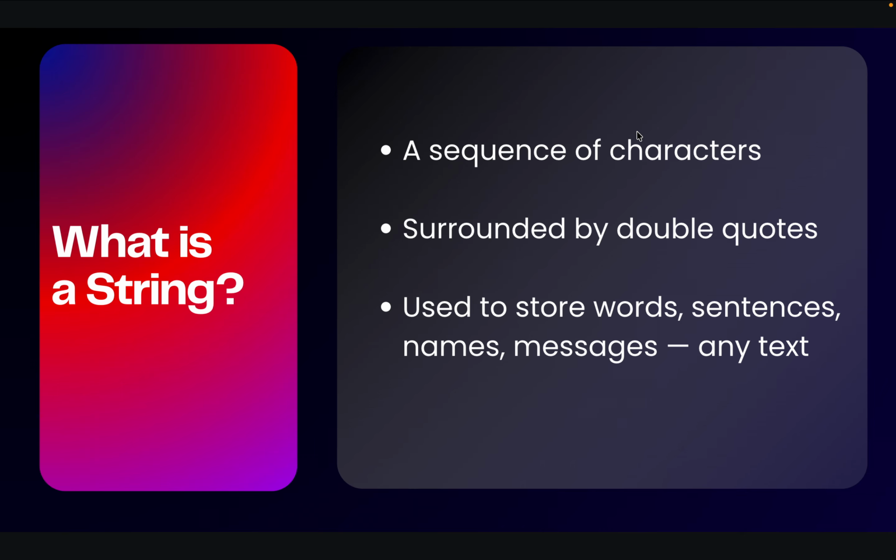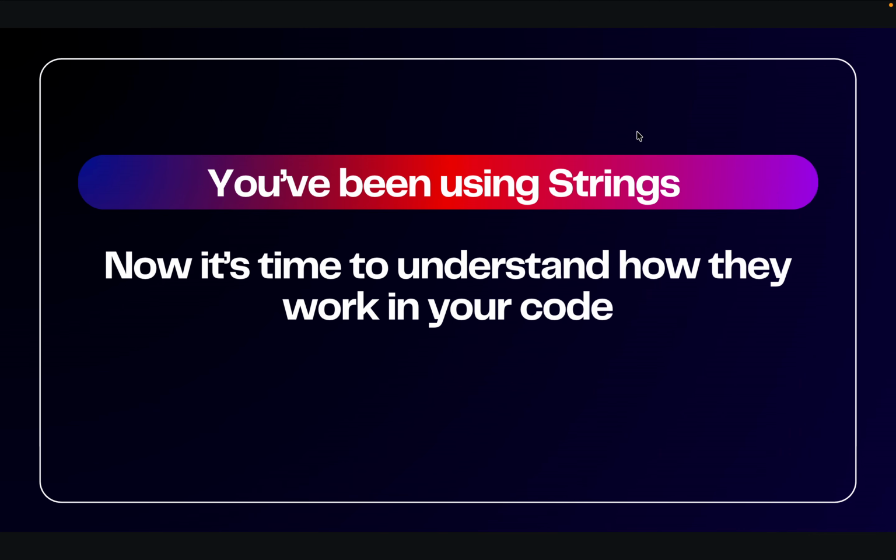So a string is going to be notated by having double quotes. You would place double quotes around whatever the text is. As long as the text is inside of a double quote, that is what you would consider a string. It is used to store words, sentences, messages, pretty much any sort of text that you will be using inside of your code.